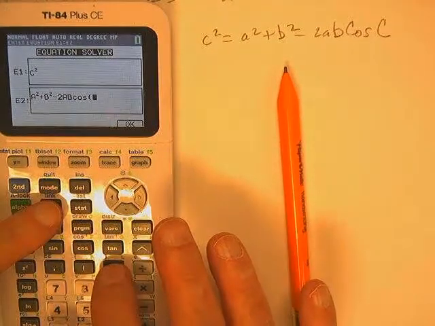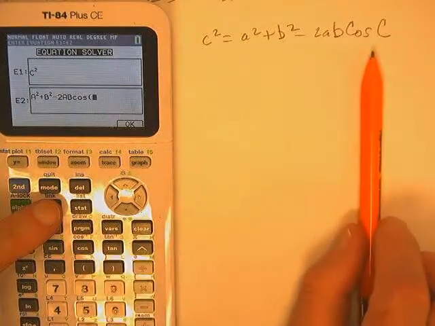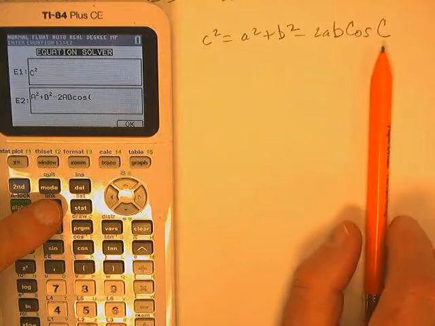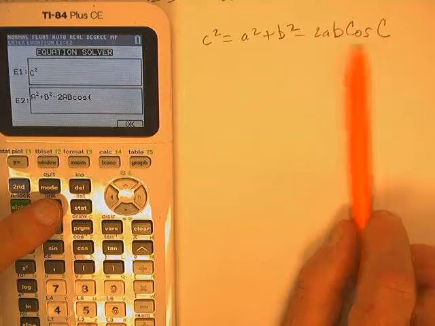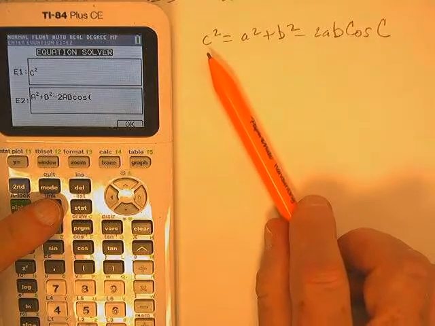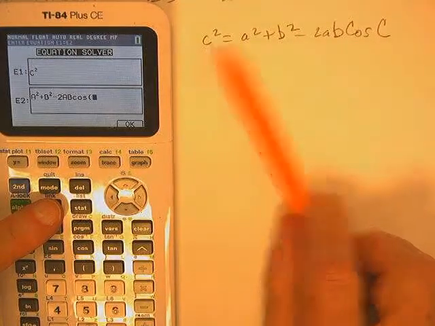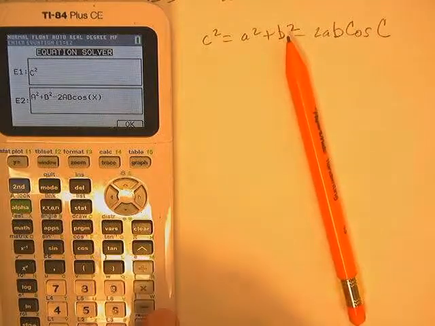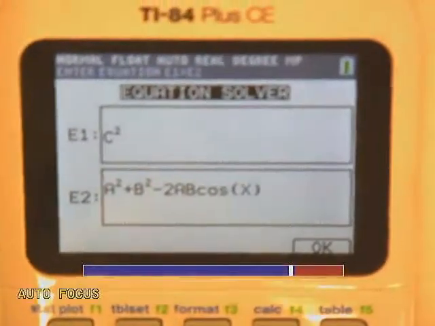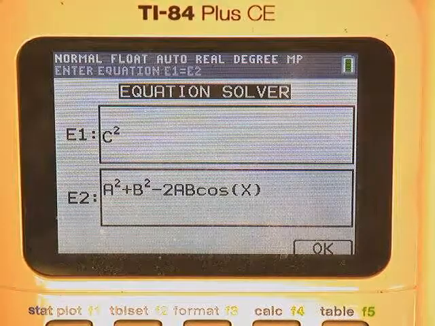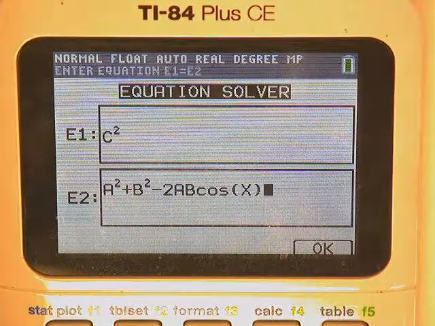And now we got to make an adjustment because we've already used c. So the calculator cannot differentiate between capital C, which is an angle, and lowercase c, which is a side. So I always just use x. And then when you get it in there, it'll look like this. And then you just hit Enter.